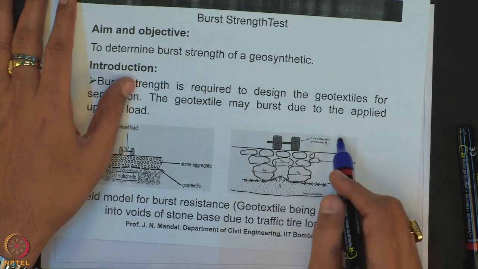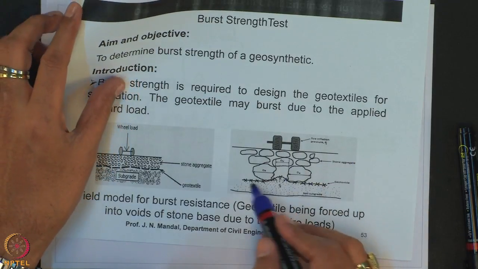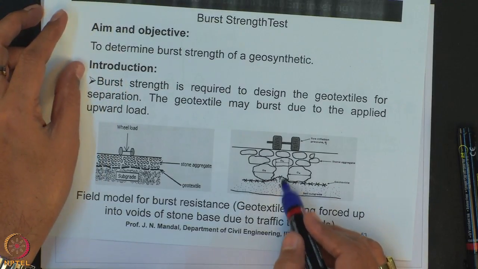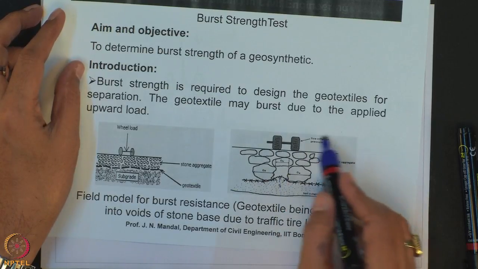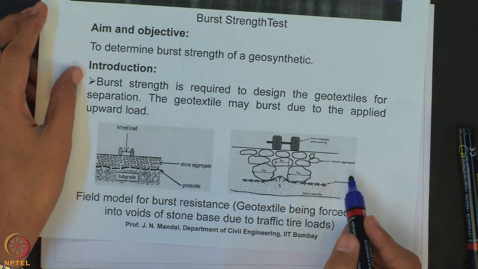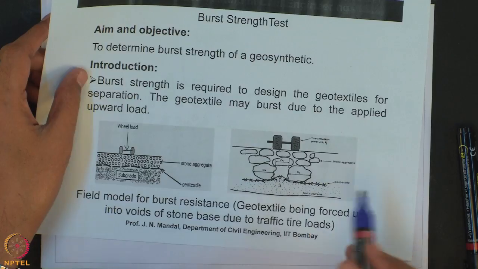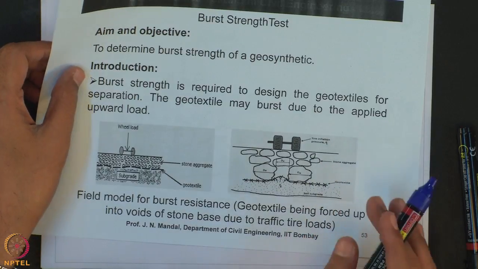That means there will be pressure on the geotextile, and that pressure, let us say, is P of G. For example, I am showing that this is the tire inflation pressure, this is the geotextile material, and this is the subgrade, and this is the PG acting in the upward direction. The tire inflation pressure is P of A, and this is dB and this is D of A. This is the stone diameter.